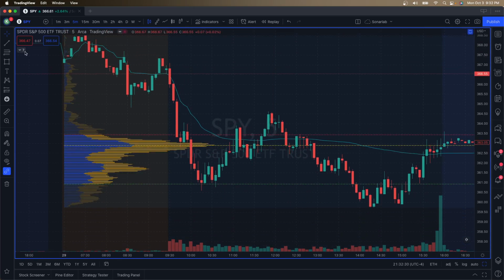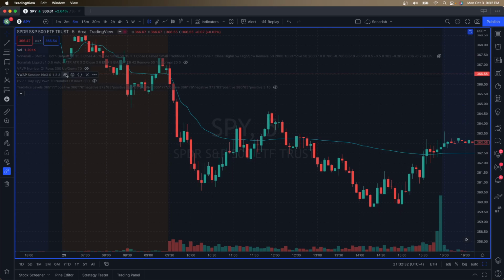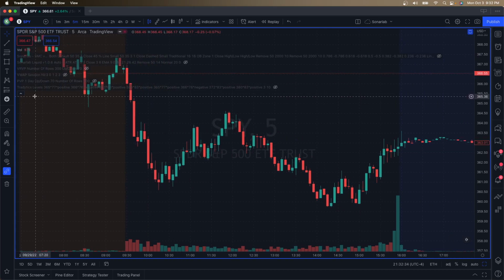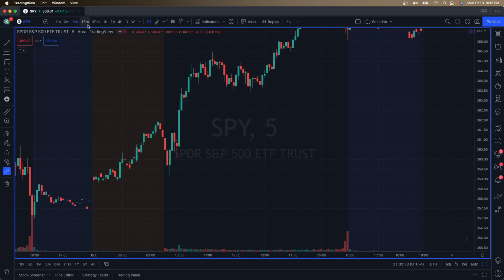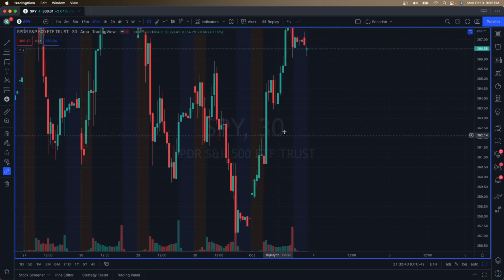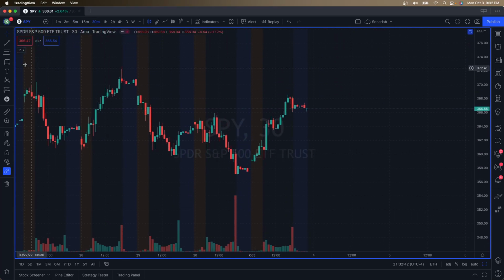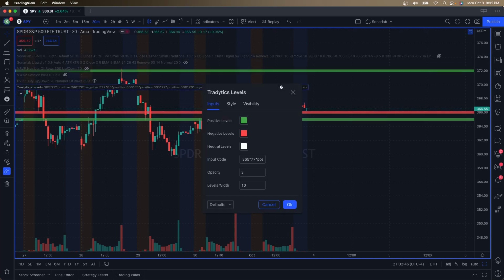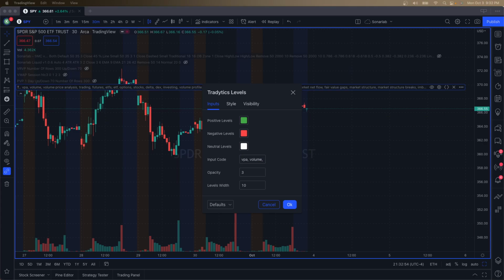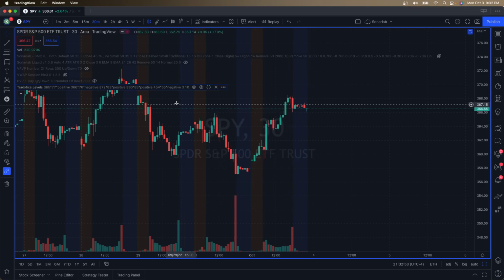So if we just drop volume profile here, and I'll drop VWAP so we can clearly see this, and let's go to the 30-minute chart here on SPY, and I have my custom TradingView indicator. I'm going to turn that on, and I'll paste in the latest levels to see how that looks here. So we'll say copy to TradingView, and we'll pop that in.